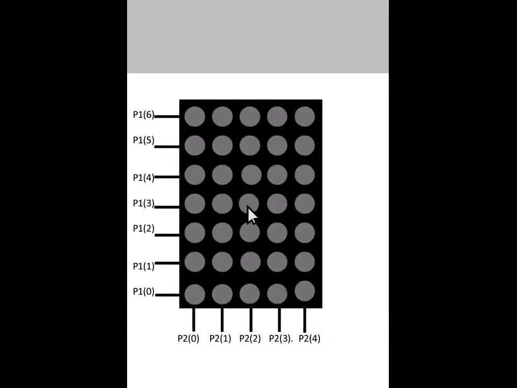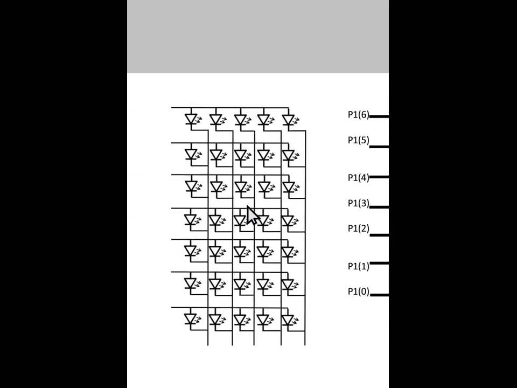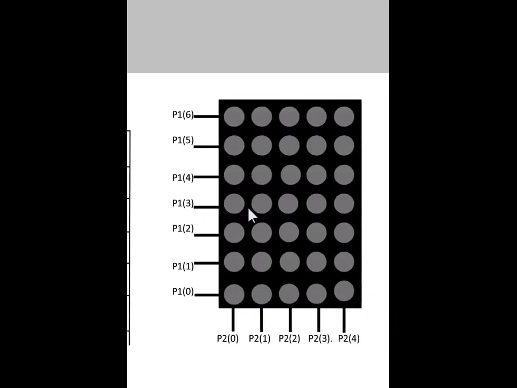So this becomes this. I guess you are familiar with this type of display in the market. It's very cheap. This is what is inside it. So these are our pins, numbering 0, 1, 2, 3, 4, 5, 6.